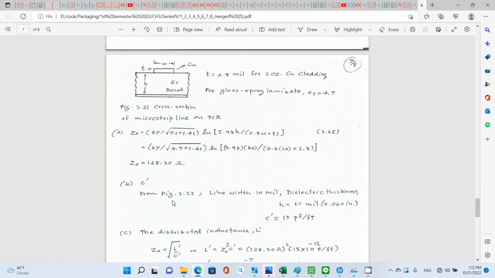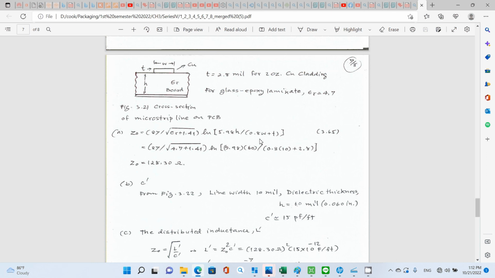Well, you need to go to figure 3.22. And there you have width W equal to 10 mil, and dielectric thickness, sorry, H equal to 60 mil or 0.060 inch.